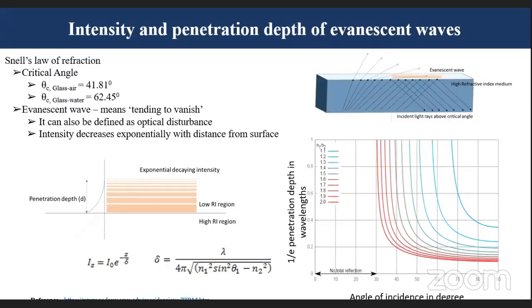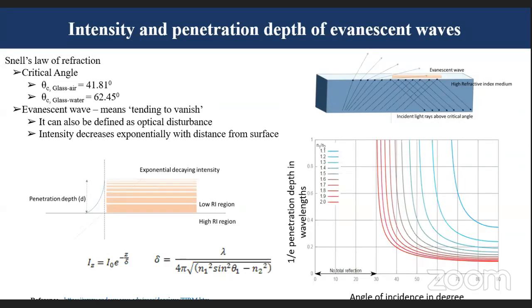So I started calculating the critical angle for glass-air and glass-water, because this is what we require in order to generate total internal reflection. And I learned how these evanescent waves degrade as they go inside, perpendicular to the axis.